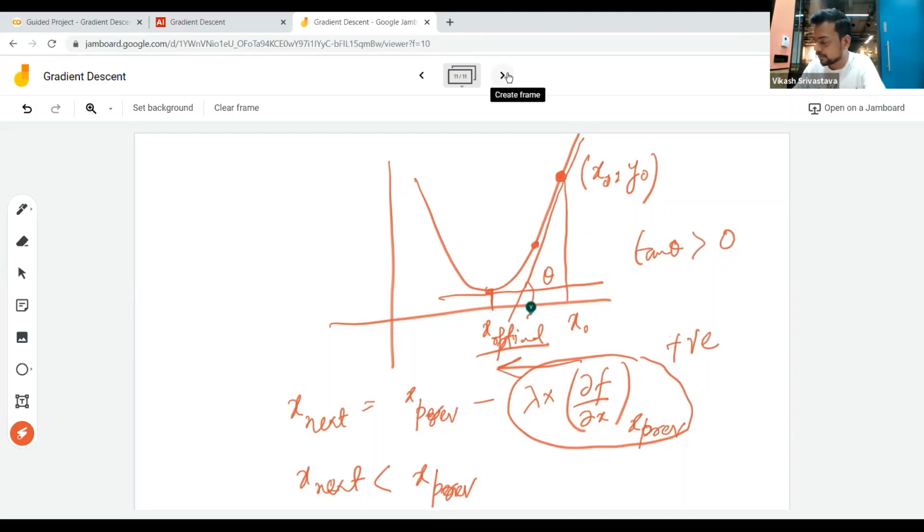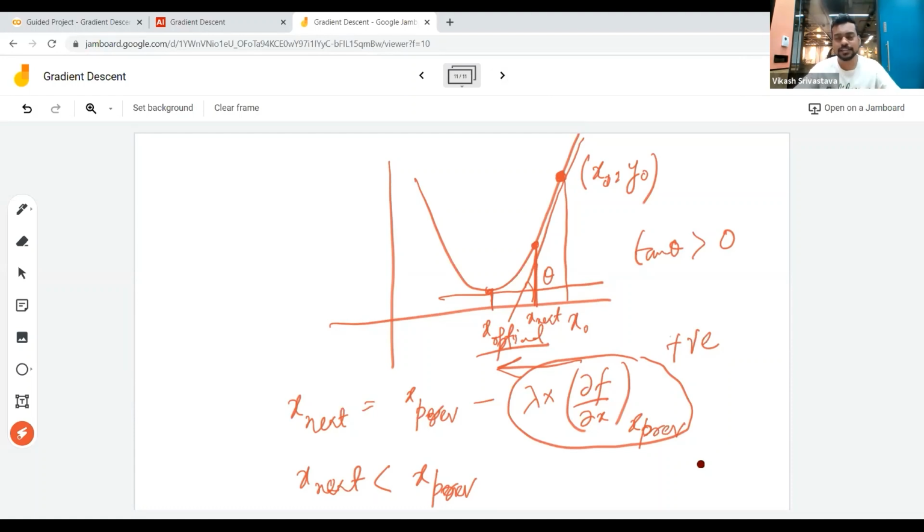Essentially, through this gradient descent update, we're trying to move closer to the optimal value of x, or towards that value of x for which this function is taking the minimum value, right?